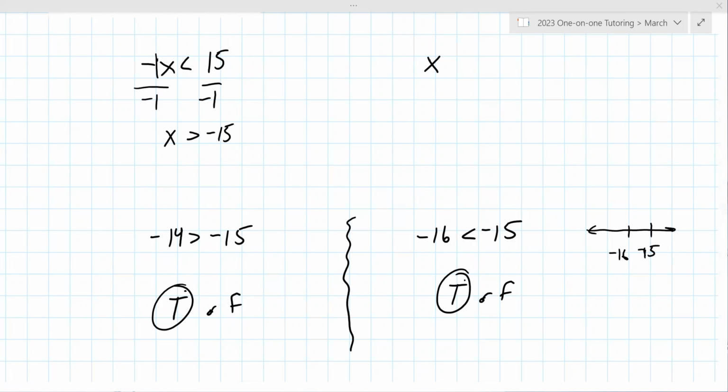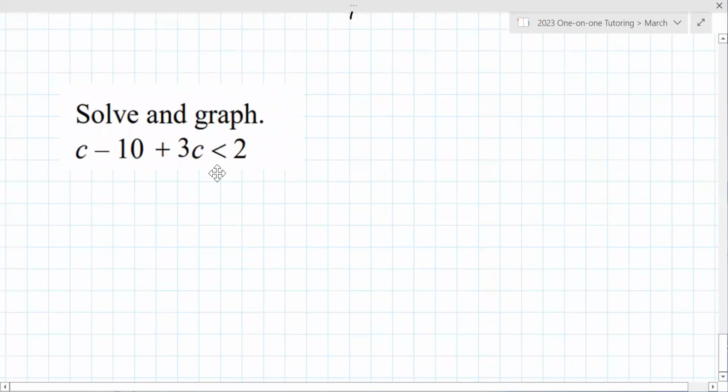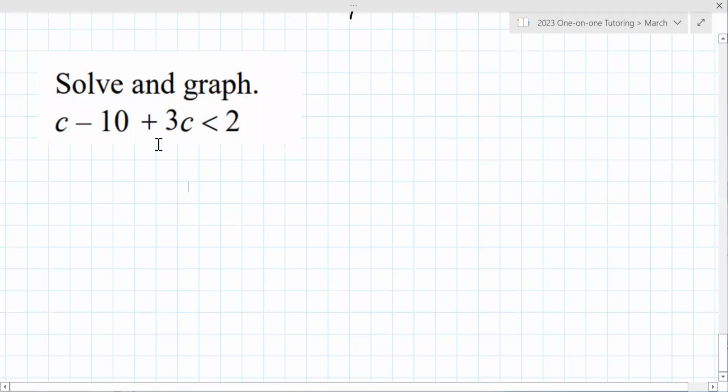So here's a new type of problem for us to look at. We haven't looked at something like this before, where it's got variables in two positions. The first thing is actually to combine like terms. So you have 1C and 3Cs.